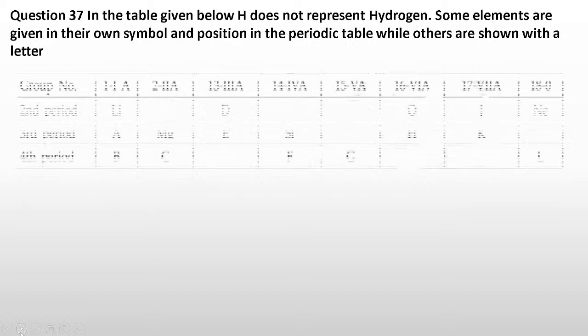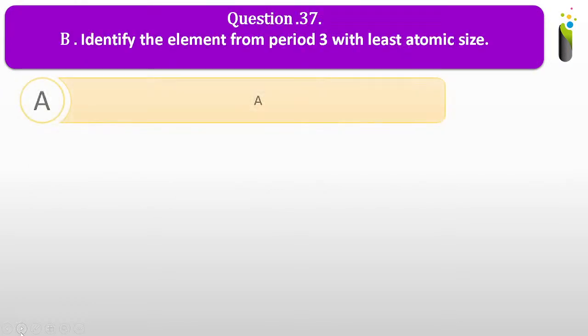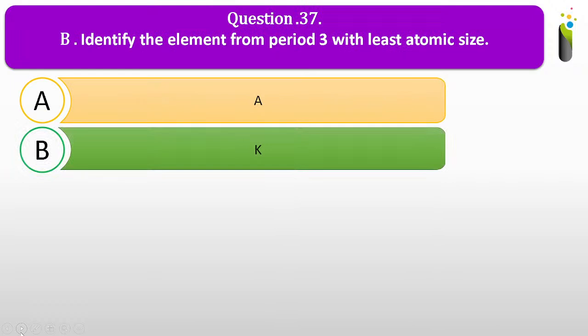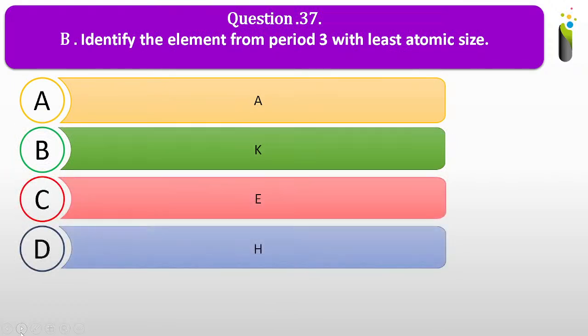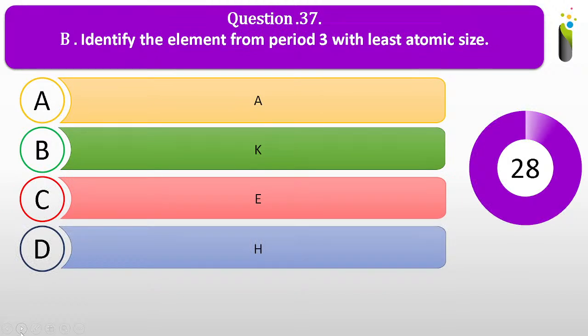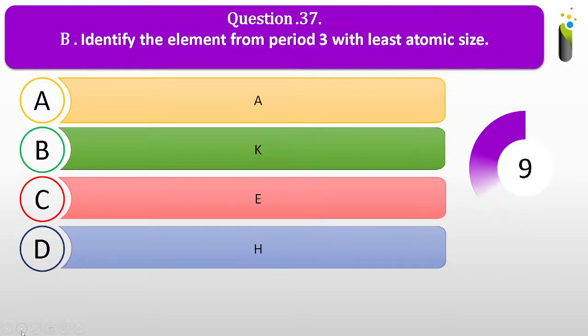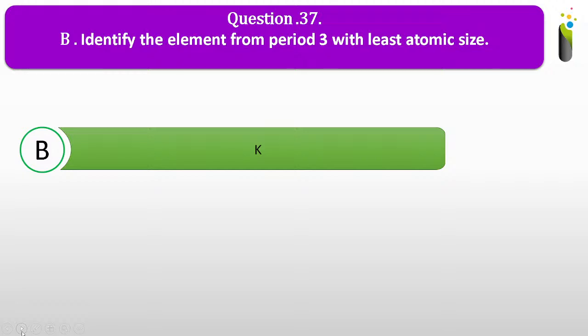Your options are A, B, K, C, E, D, H. The correct answer for question number 37B is K.